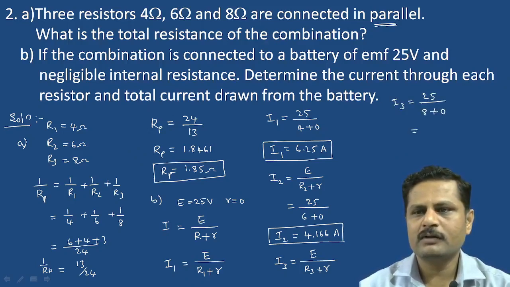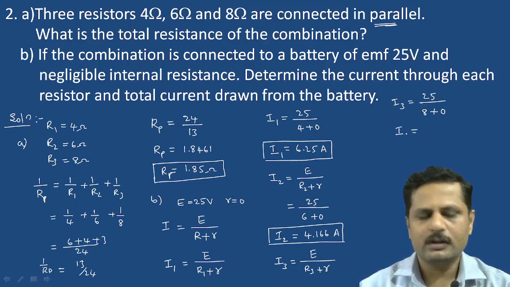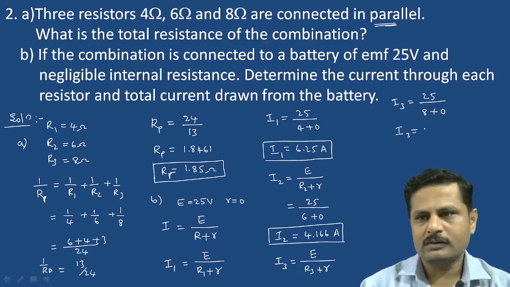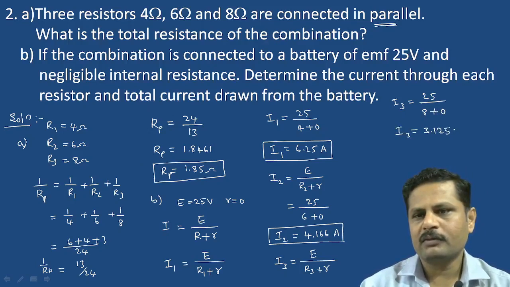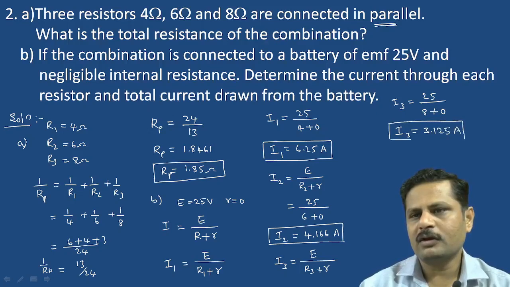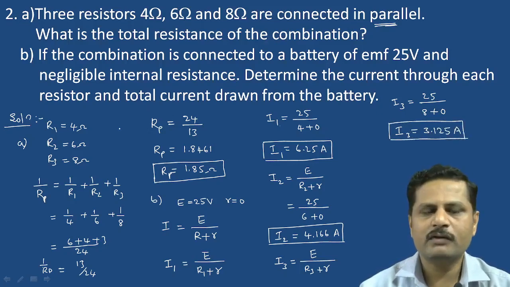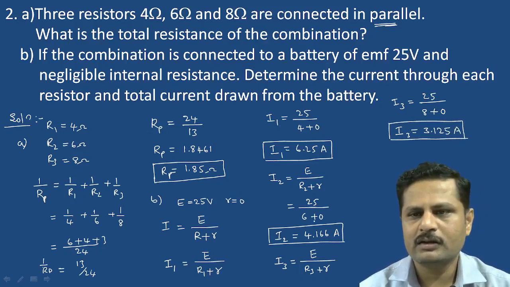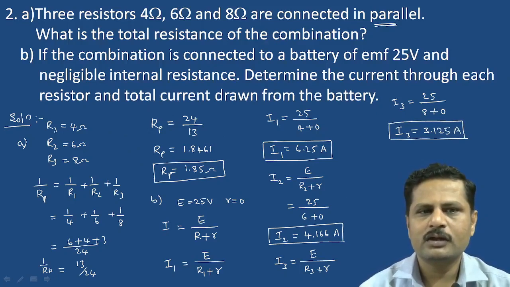This can be written as I3 equals 3.125 ampere. That is the current through each resistor. We found that I1, I2, I3 are the currents flowing through the resistors R1, R2 and R3 respectively.